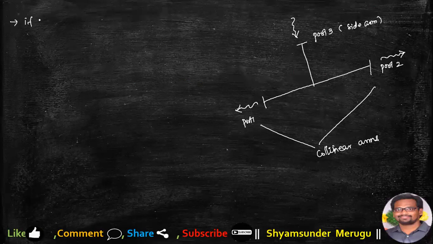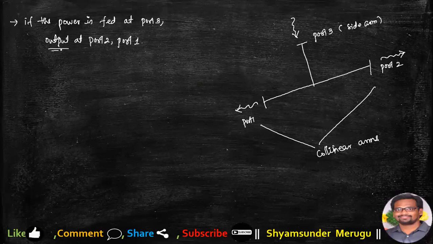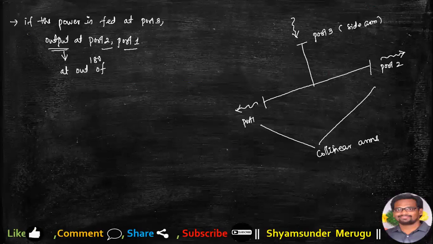Now if the power is fed at port 3, then we can get the output at port 2 as well as port 1. The outputs at port 2 and port 1 will be out of phase, 180 degrees to each other.